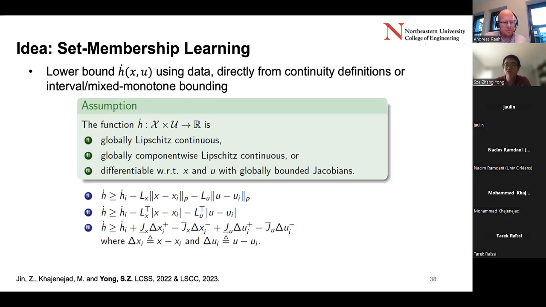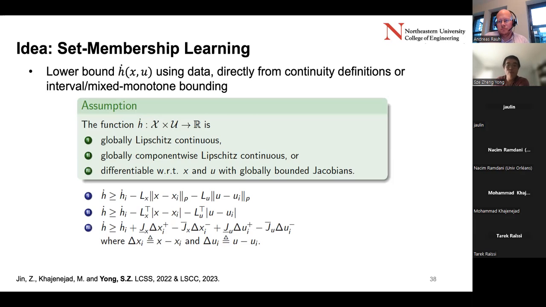The nominal controller can be based on any machine learning technique also. It doesn't have to be a closed-form control. But the sensors, perception sensors. Yeah, that's definitely something that people are studying. When you do machine learning techniques, can you also find what they call generalization bounds? Basically, what set membership learning is doing is trying to find generalization bounds.